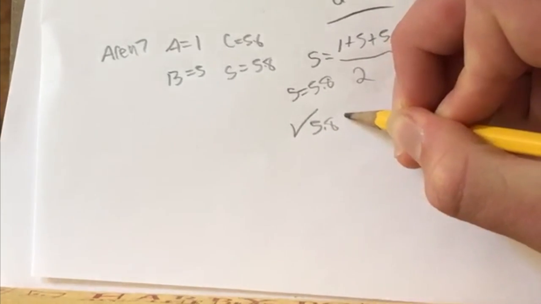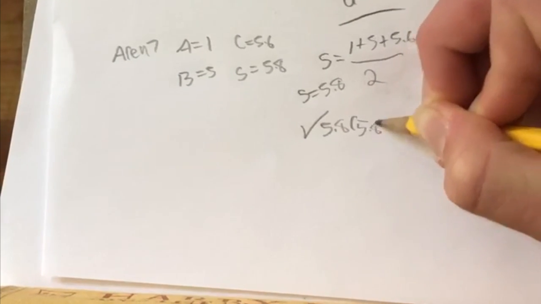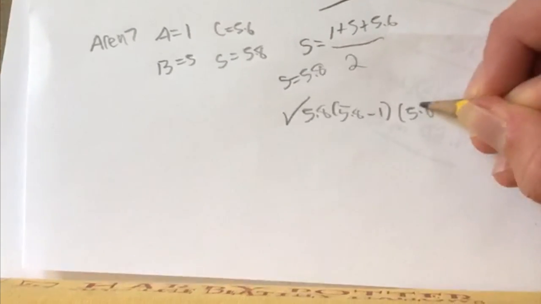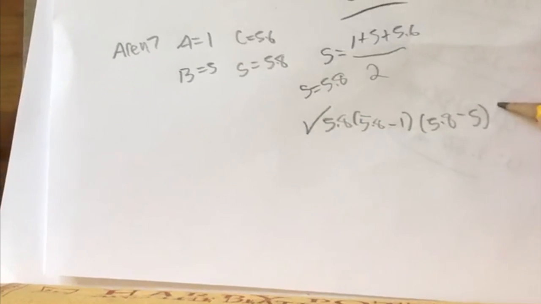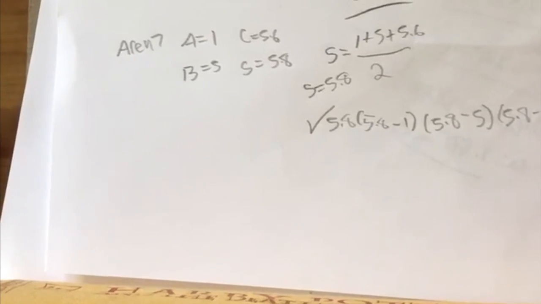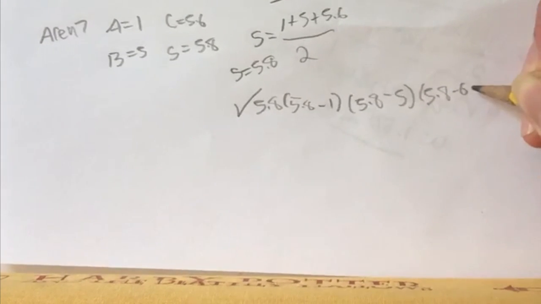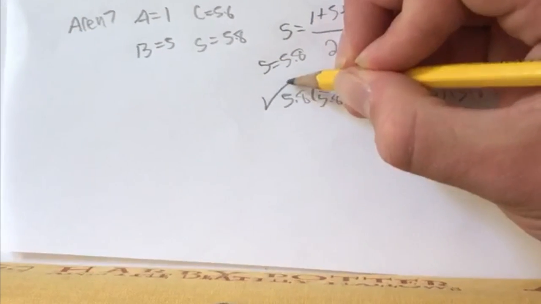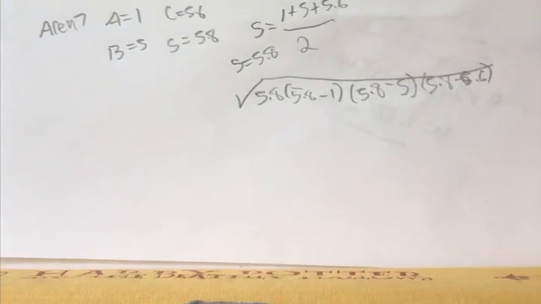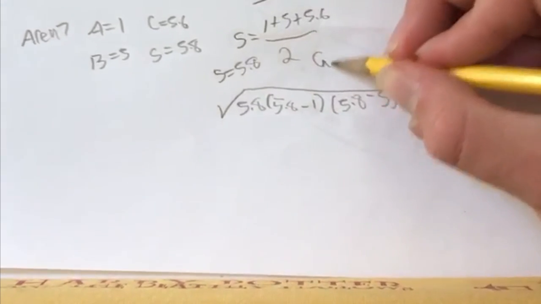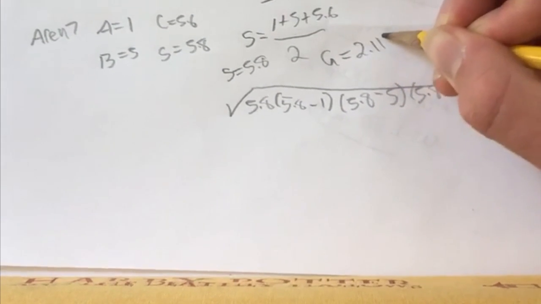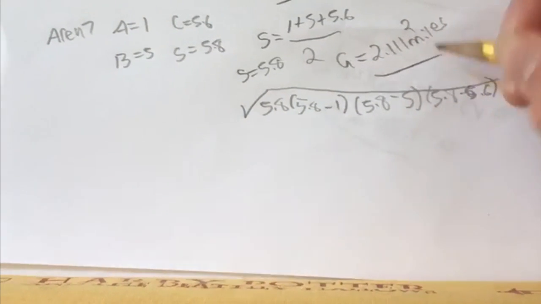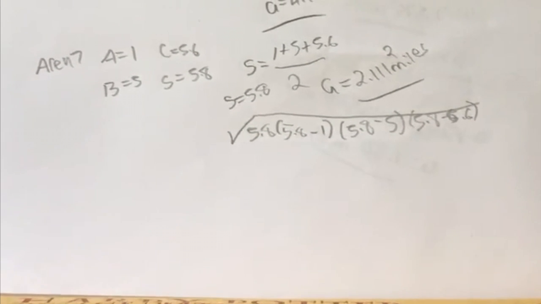It's going to be 5.8 minus 1, 5.8 minus 5, and then 5.8 minus 5.6. Now, if we plug that into our calculator, we are going to find that area is equal to 2.111 squared miles, and that is the area for triangle number 7.